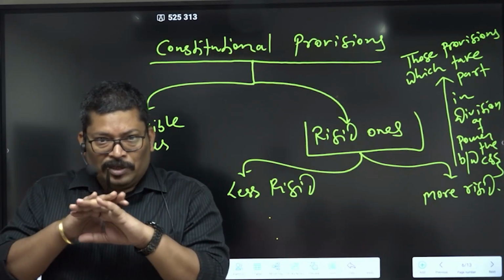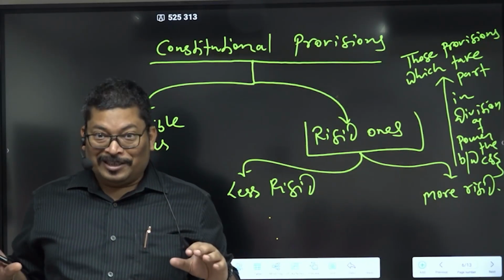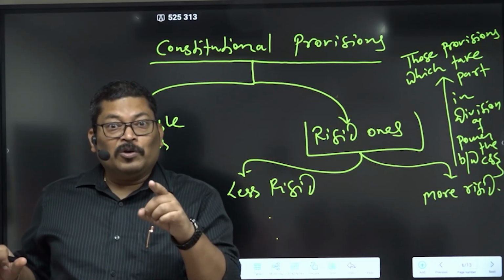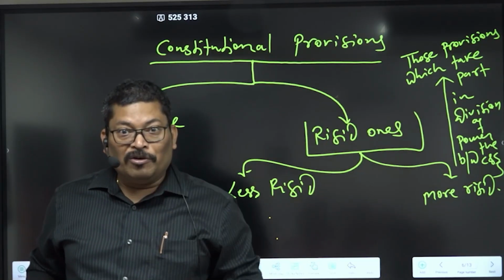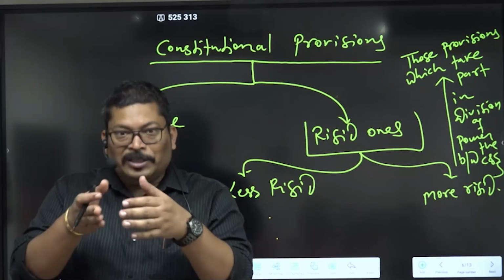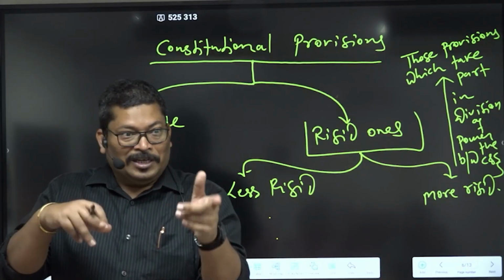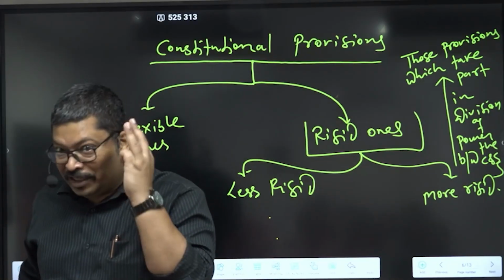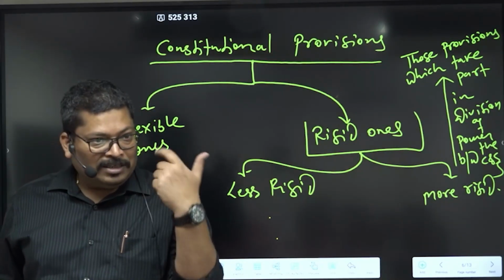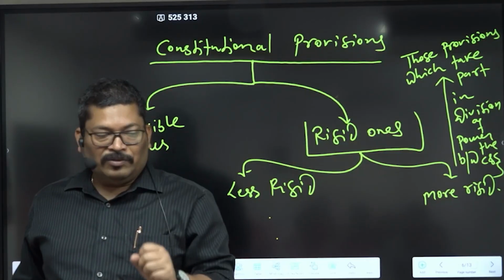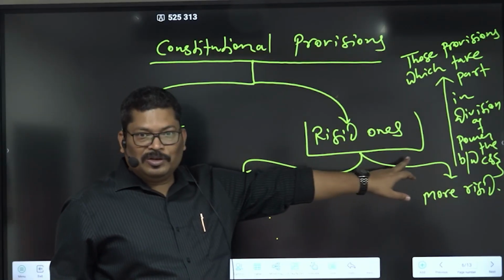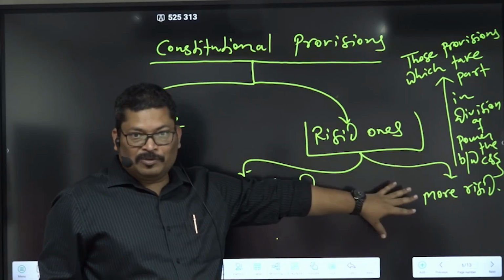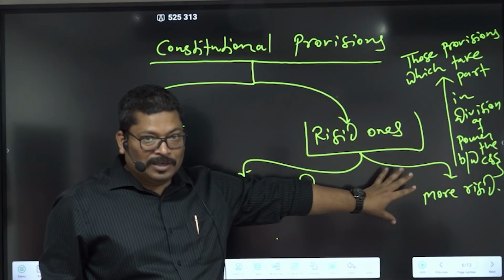They have nothing to give or take with India's center-state relationship. But when you cause amendment across Schedule 7 of the Indian Constitution, which talks about the division of legislative powers between the center and states by means of three lists, the union list, state list and concurrent list, you need to treat them as more rigid provisions. Which kind of provision? More rigid.